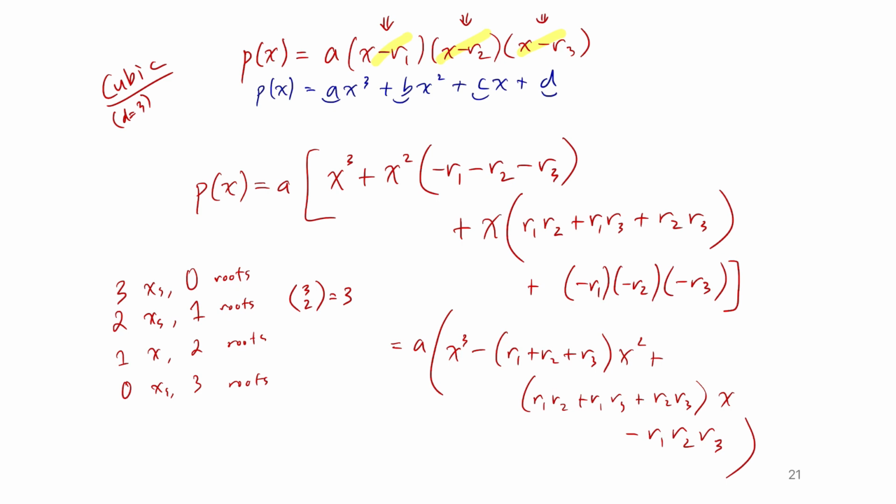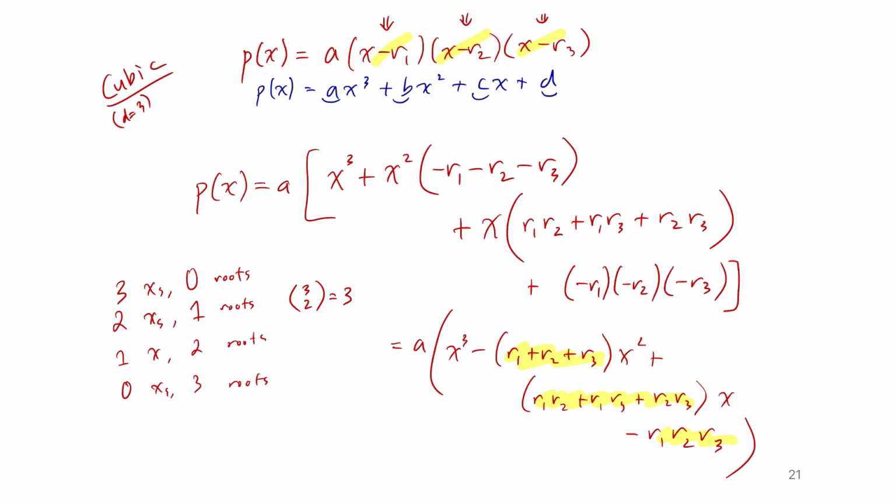And so you notice the coefficients, we have the sum of the roots right here. We have the product of the roots at the end, but now the coefficient on x is something else. It's this weird looking thing, r1 r2 plus r1 r3 plus r2 r3. It's the sum of all possible ways you can multiply two of the roots together. Okay?